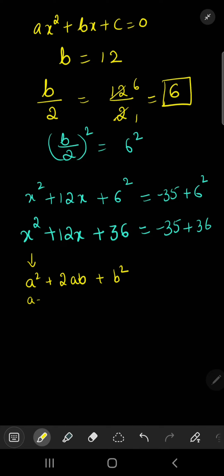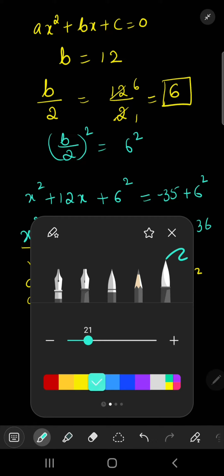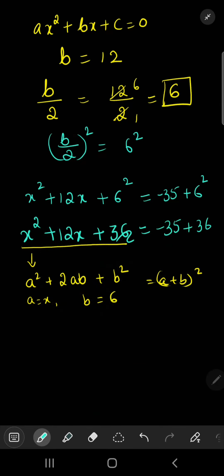Because the a value is x and the b value is 6. Now what will this reduce to? This is equal to a plus b the whole square, so it reduces to x plus 6 the whole square.